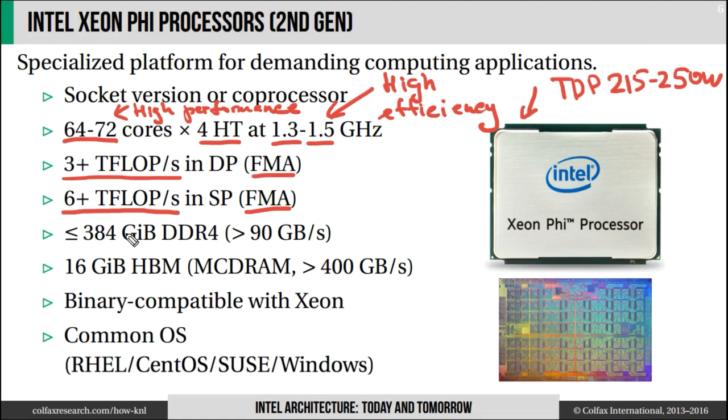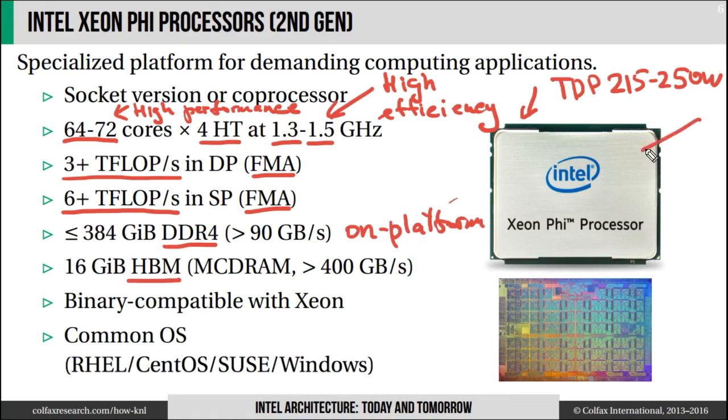These processors have access to two types of memory. First, the regular memory that lives on board, based on the DDR4 technology, and you can call it on-platform memory. This memory can deliver over 90 gigabytes per second of streaming bandwidth. The second kind of memory is high bandwidth memory.